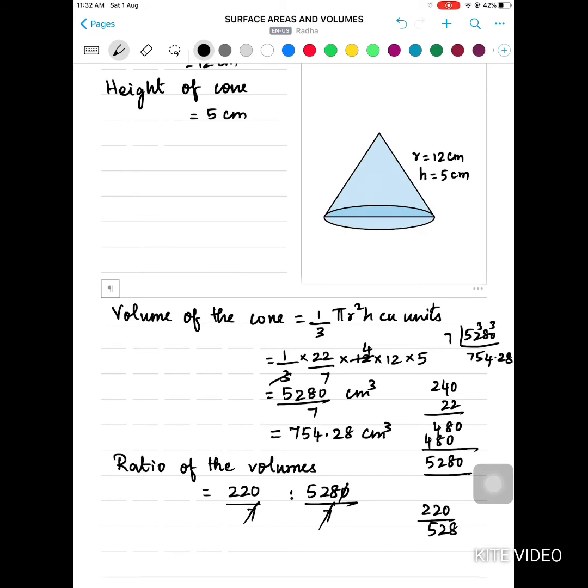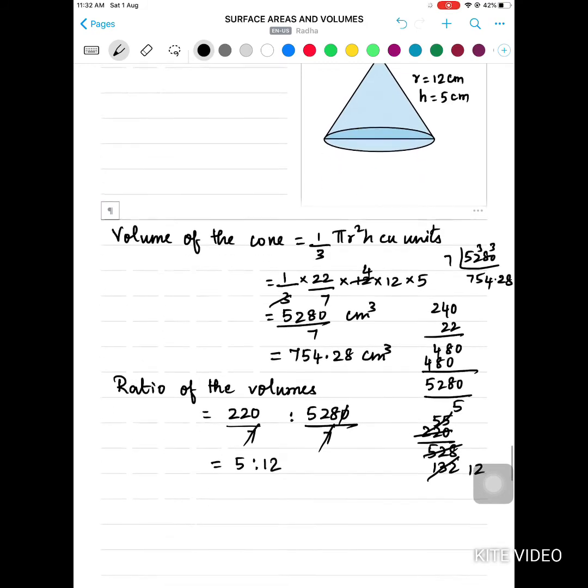Let us see how to reduce this. Yes, it goes in the 4 tables. 4 55s are 220, and 4 132s are 528, and 55 and 132 go in the 11 tables. 11 5s are 55, 11 12s are 132. So what is the ratio? It is 5 is to 12.